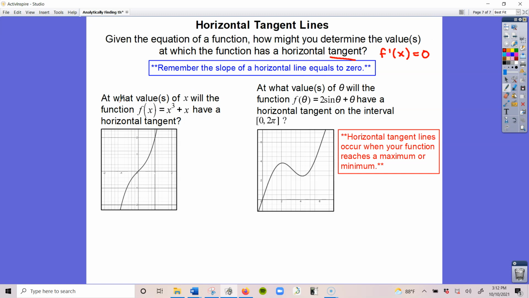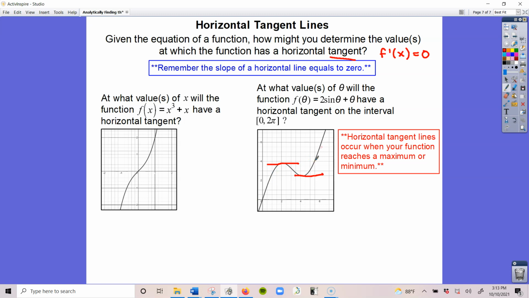Now here, if I look at this function, at which values of x will the function f of x equals x to the third plus x have a horizontal tangent? Now, our horizontal tangents occur at maximums and minimums, because if I look at this function here, even though we're not there yet, you see this is a horizontal tangent and this is a horizontal tangent.